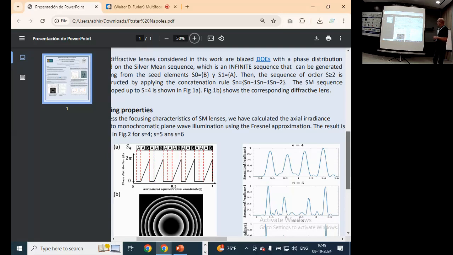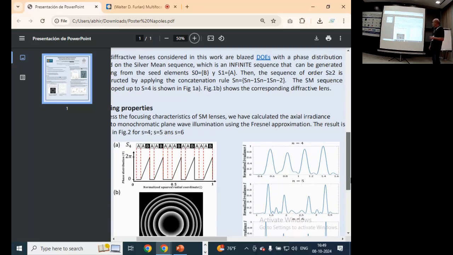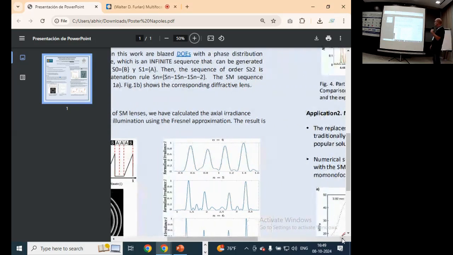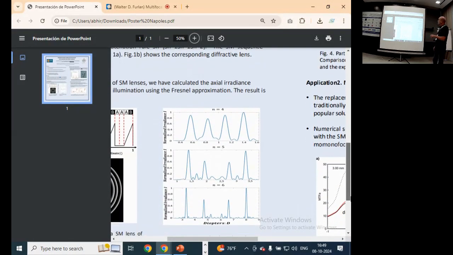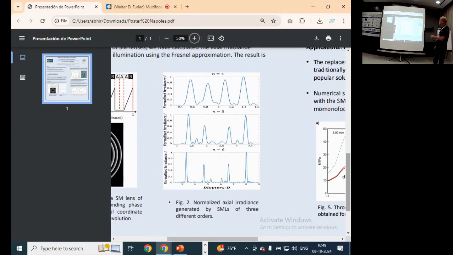I mean, the lens has 4 foci located at different axial planes of the lens, and it means that you can focus light in different axial focal positions in front of the lens. As you increase the number of the elements in the sequences, the focusing properties are more well established, where the foci are very thin, and the location of the foci changes.